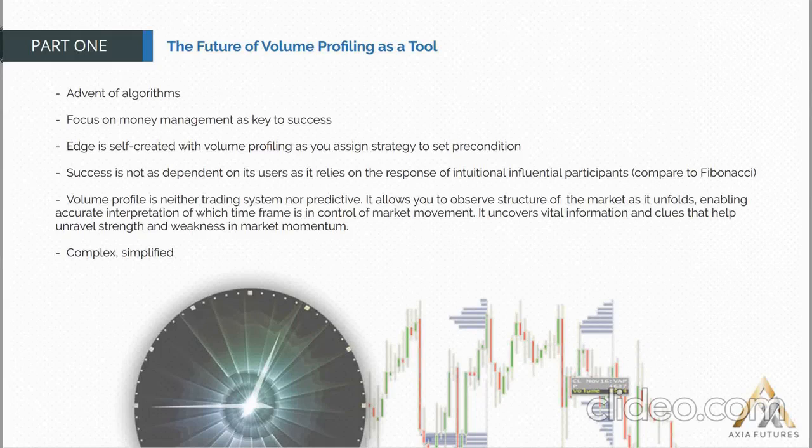So what does the future of volume profiling look like? Well, in order to understand the future, we need to look at what various tools have done in the past. Now, if you go back a couple of years, traditional tools like moving averages, Fibonacci retracements, and trend lines used to work particularly well because everyone used to use them.